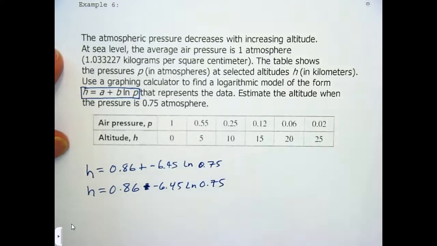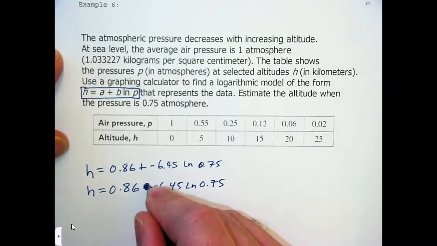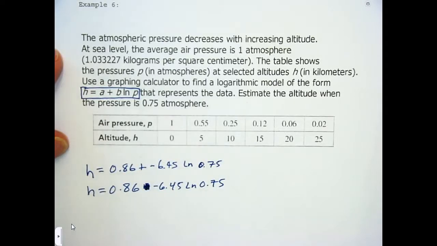Walsh, you said there need to be parentheses somewhere? Not anymore. Just in the first one, you wrote it 0.86 plus and then negative 6.45, and it was just kind of weird. Yeah, that's why I got rid of it there.